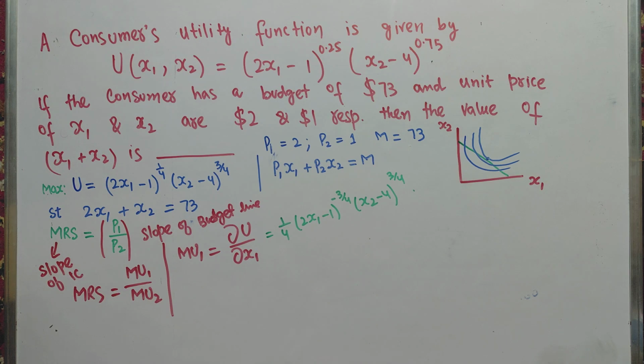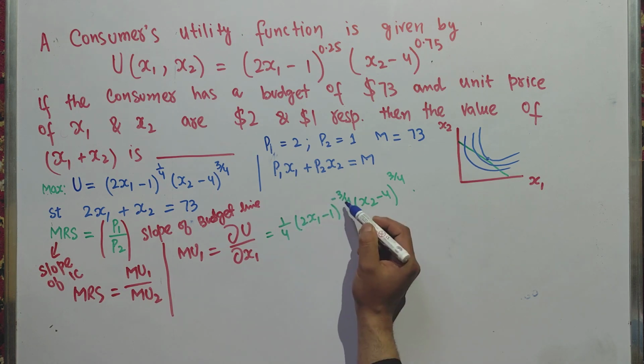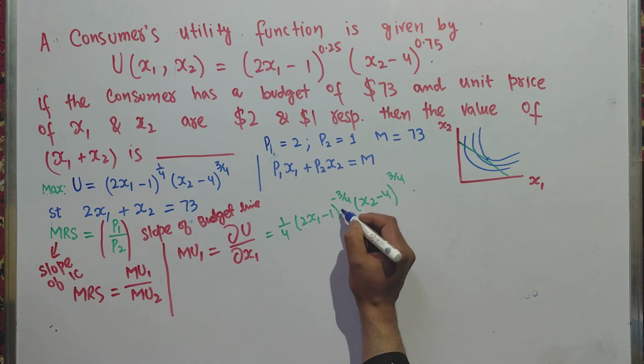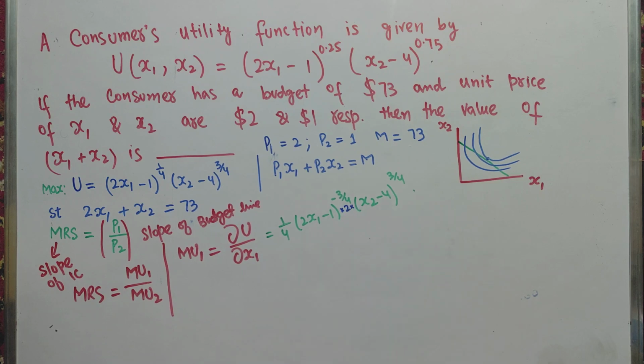First we apply the power function rule here, and then we internally differentiate with respect to x1, so here we will also get 2. Similarly, marginal utility of good 2 means the partial derivative of the utility function with respect to good x2.